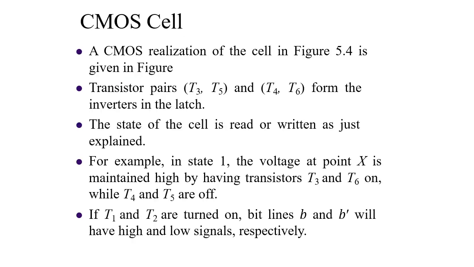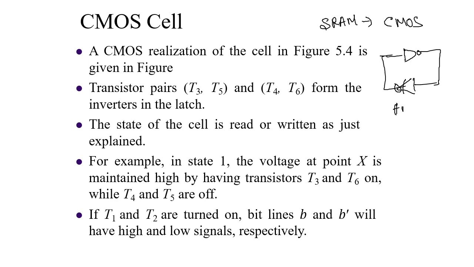The same cell we have already discussed, the SRAM cell, can be implemented using CMOS logic. In the case of CMOS logic, the inverters present in the cell have to be implemented using transistors, or what we call MOSFETs.